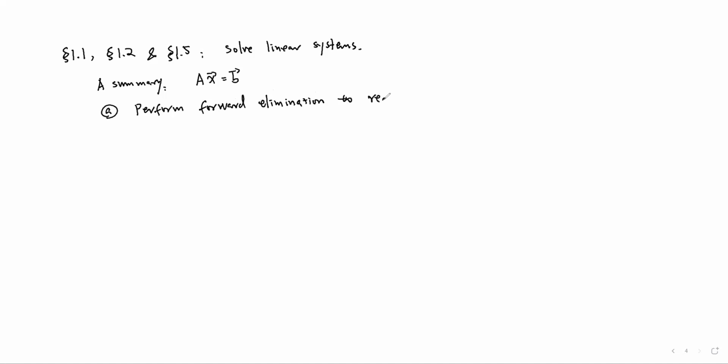That is, reduce the augmented matrix, the coefficient matrix together with the right side, to epsilon form. Now, after this step is finished, we can determine whether the linear system has a solution.